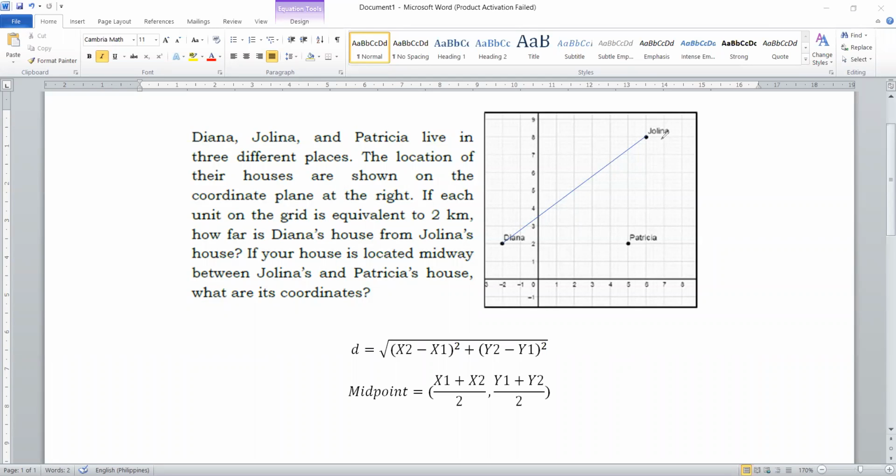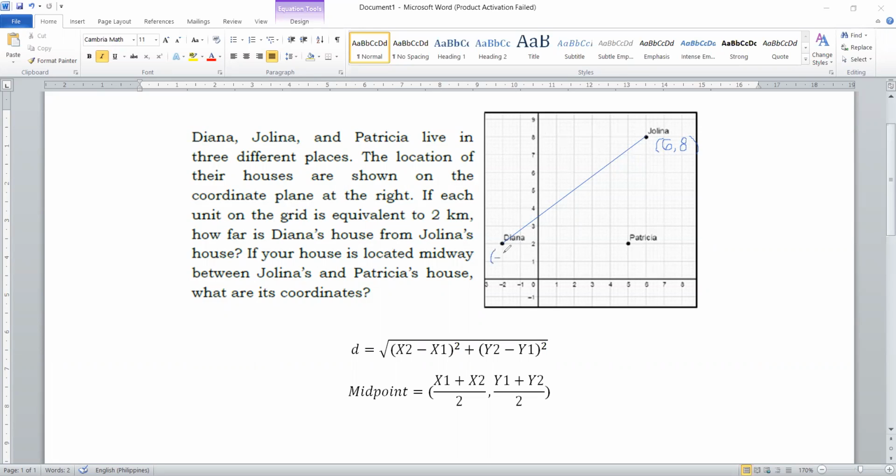For your point Jelena, it's 6, 8. So this is at point (6, 8). Next, for your point Diana, that's negative 2, 2.